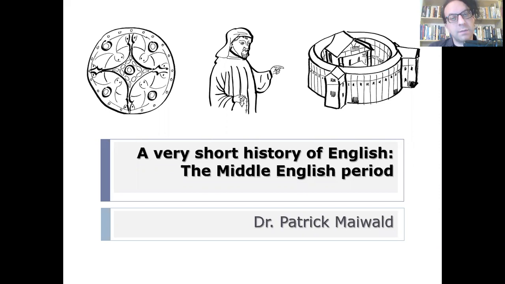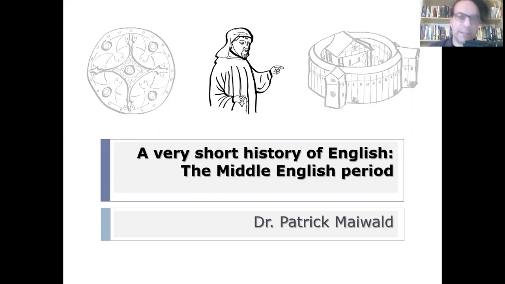Just one thing before we begin, Middle English is a strange term, and it was coined in the 19th century by German scholars who were looking at the past forms of Germanic languages and basically came up with this division.